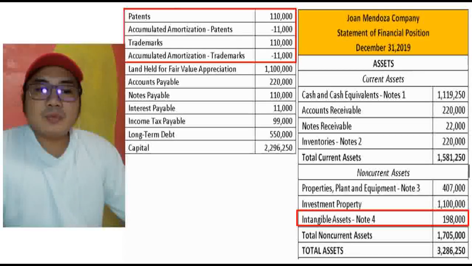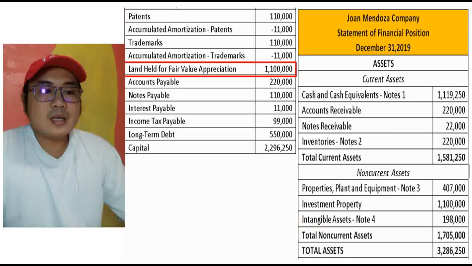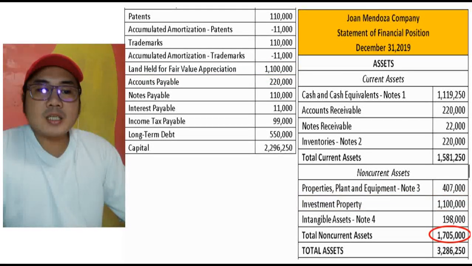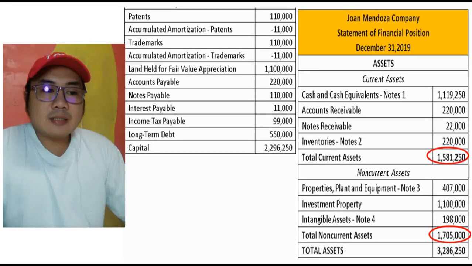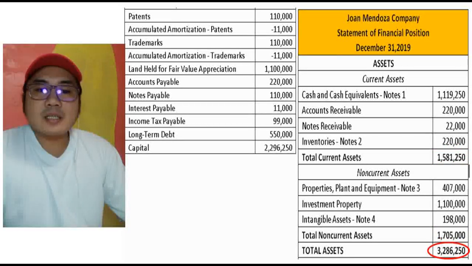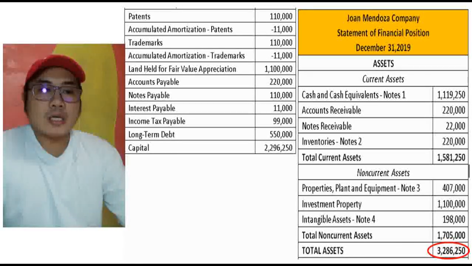Intangible assets from Note 4, 198,000. Investment property, it's 1,100,000 for a total non-current asset of 1,705,000. When we add the total current assets and the total non-current assets, we will have a total asset of 3,286,250.